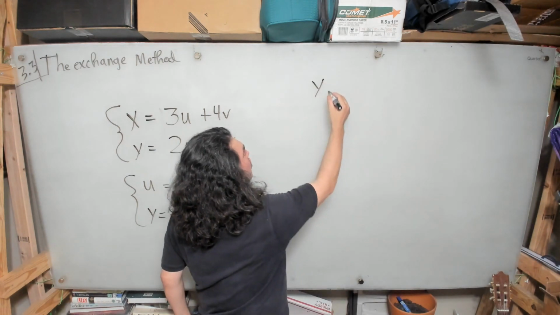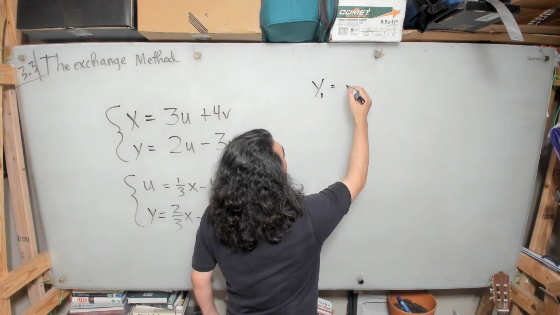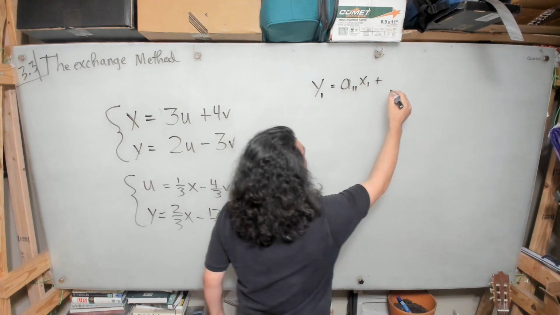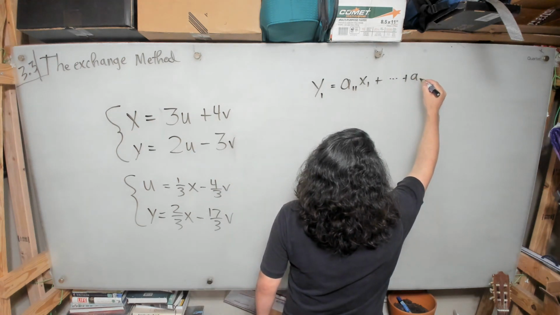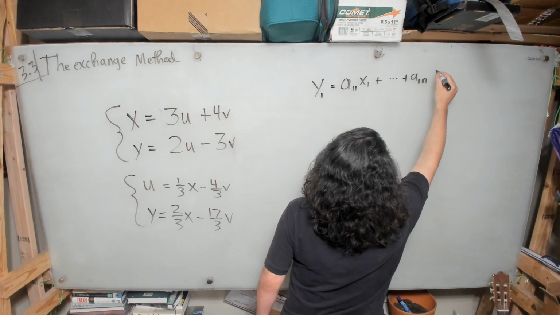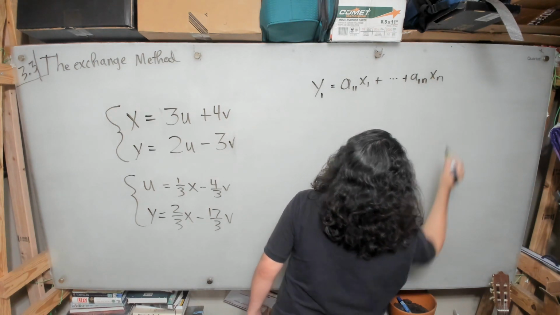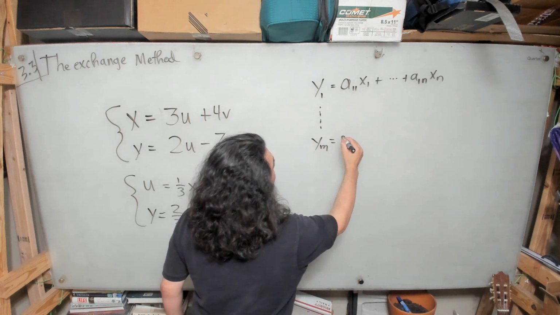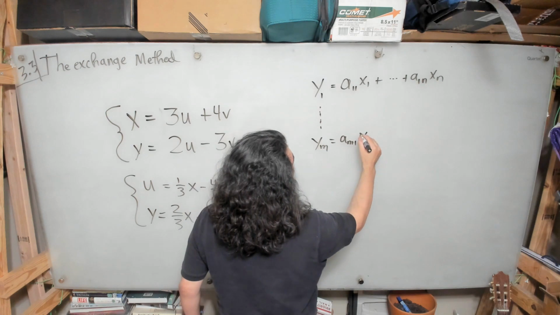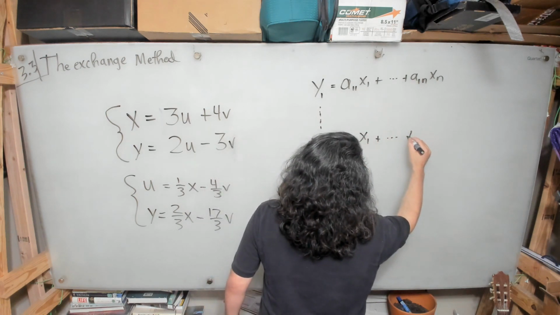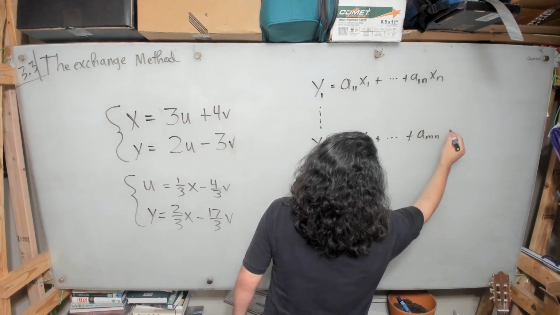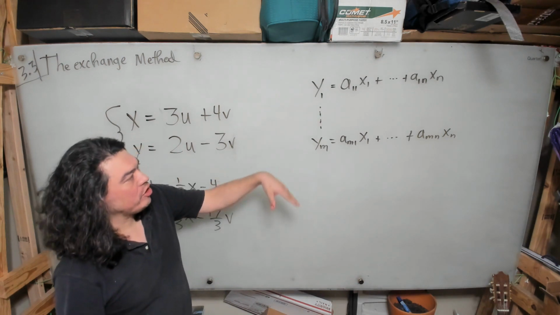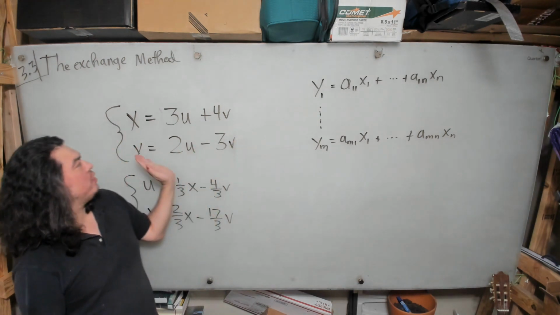Let's say I have in general a set of equations y1 equals, let's say, a11 x1 plus dot dot dot plus, let's say, a1n xn, okay? And then I go all the way down. Let's say I have m equations. This is am1 x1 plus amn xn, okay? So I have this set of linear equations, right? So this would be the obvious generalization of something like this, right?